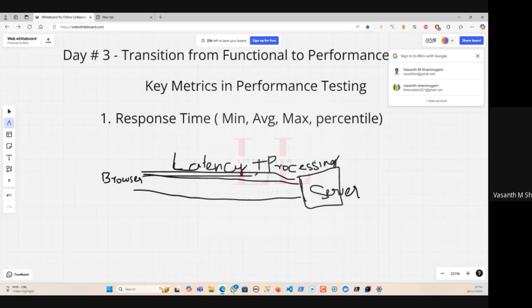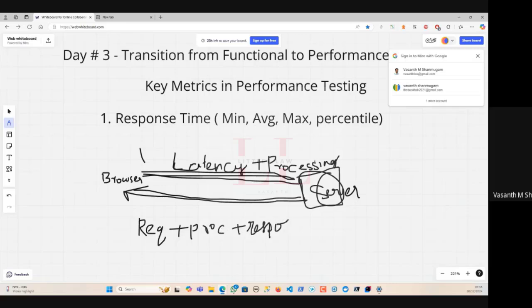So it takes time to reach the server, it gets processed there, and then the server sends back the response to the browser. Response time is the addition of the time for the request, the processing, and the response coming back. Combined, all of this is the response time. But latency is just the time taken for your request to reach the server.